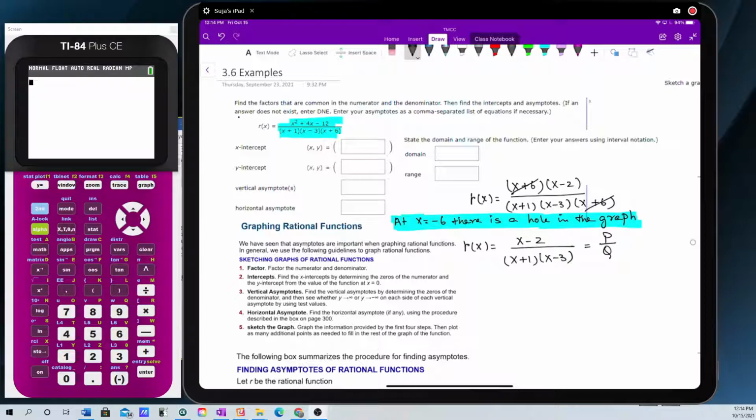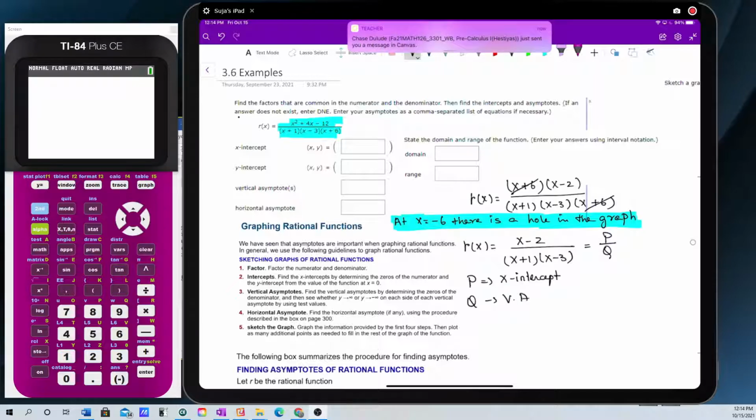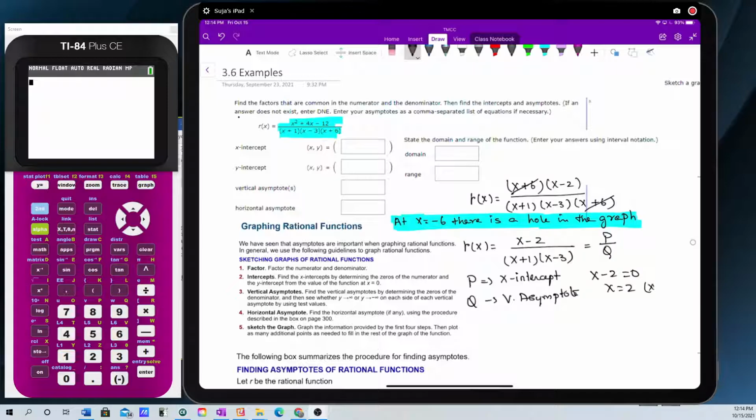P gives me the x-intercept and Q gives me the vertical asymptote. So here I say x minus 2 equals 0. Therefore x equals 2 is my x-intercept.